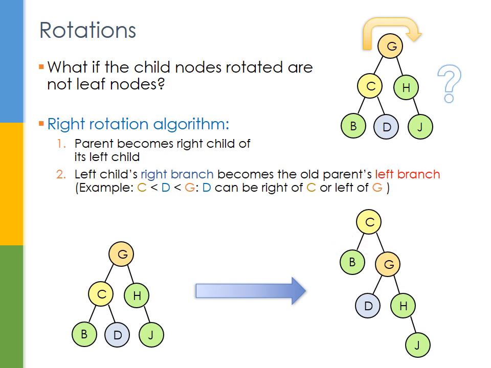So this just means we need to deal with node D, so this will become the left child of the old parent. So G has now rotated down, and D becomes its left child, as you can see over there.